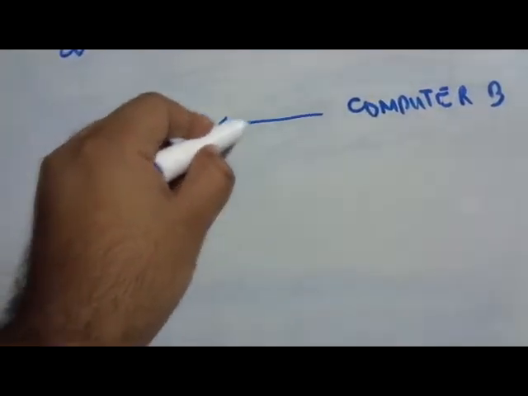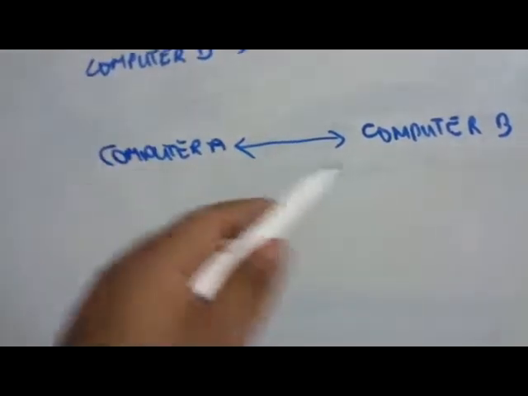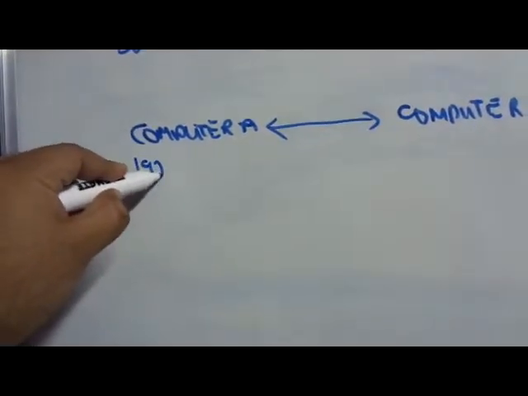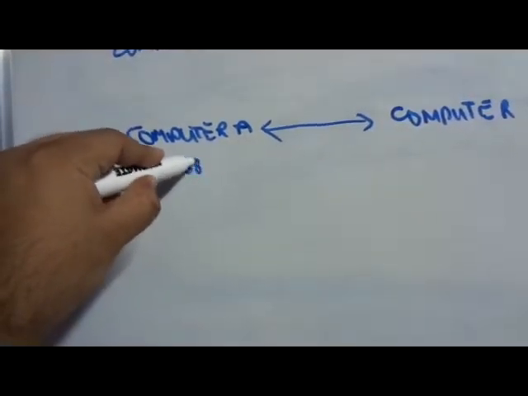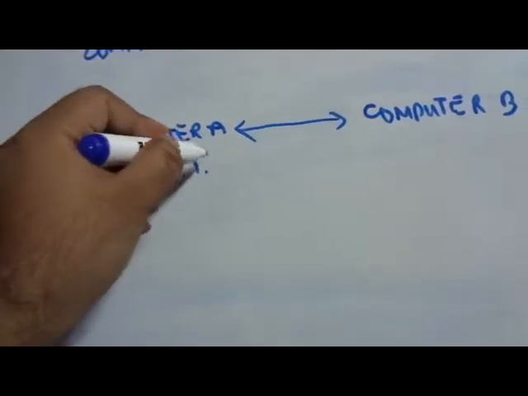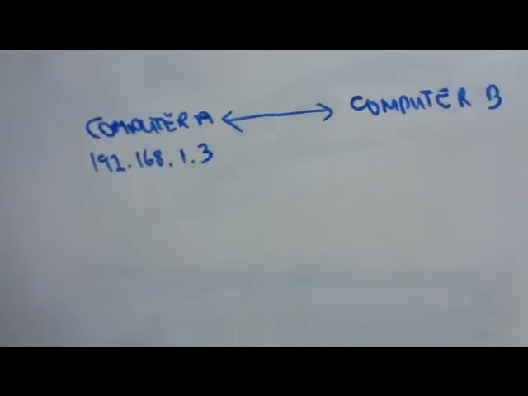So let's say that they are able to communicate. The assumption is made that we have an IP address of 192.168.1.3.